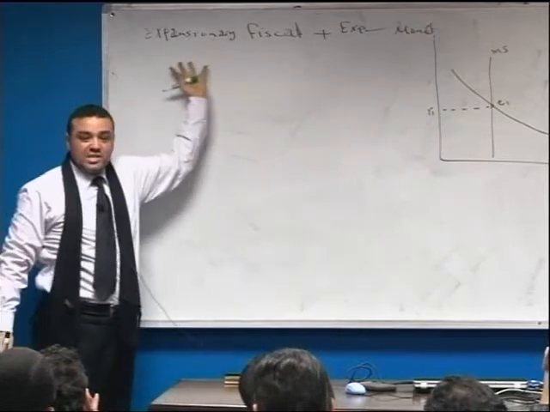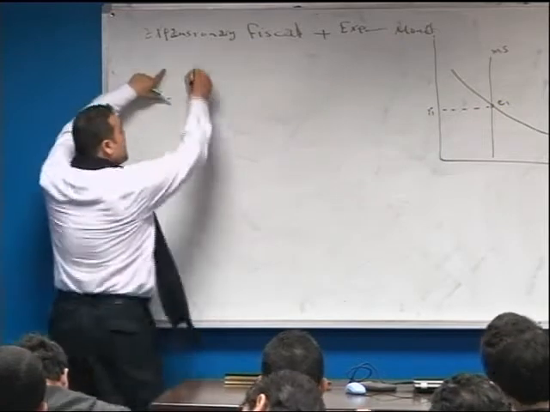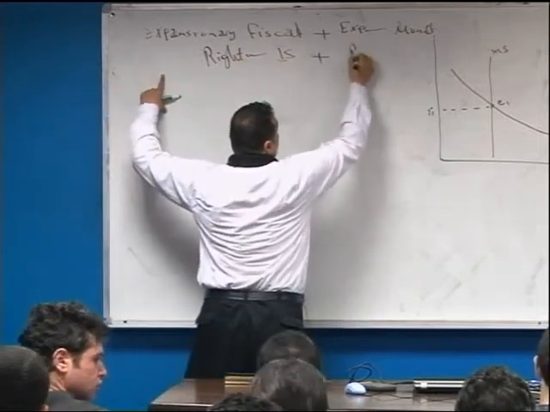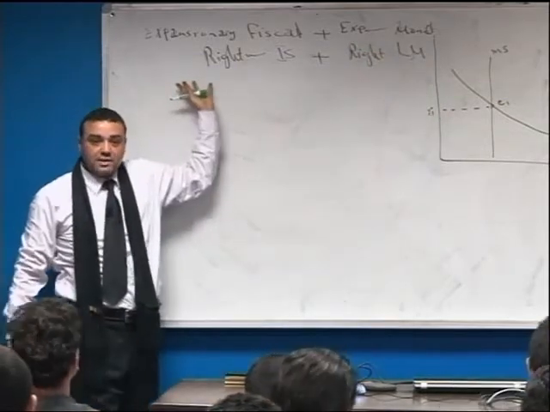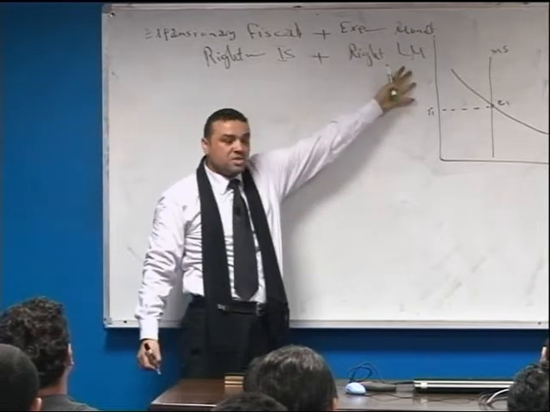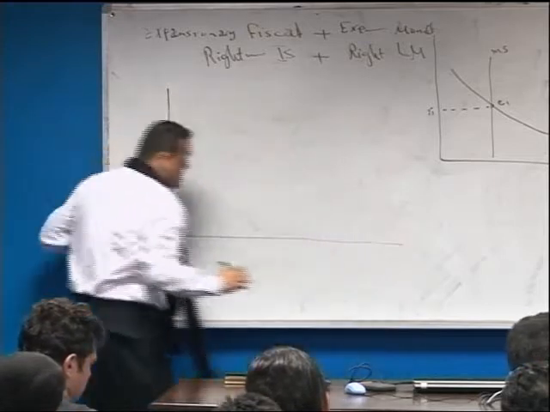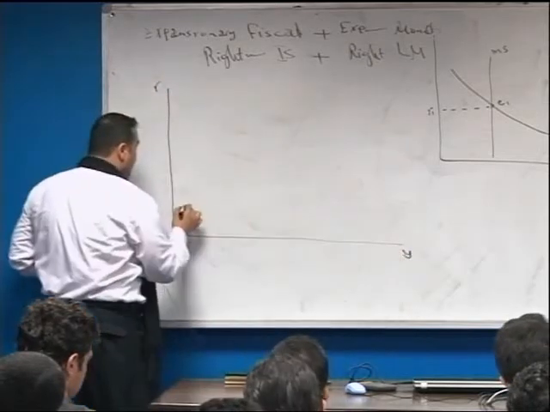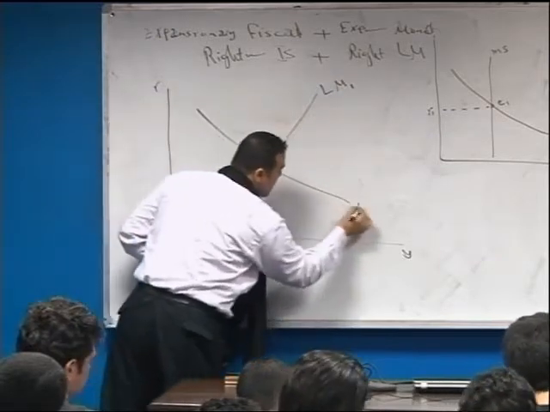This does a rightward shifting of the IS, and a rightward shifting of the LM. Suppose this is R, Y. This is LM1, IS1.